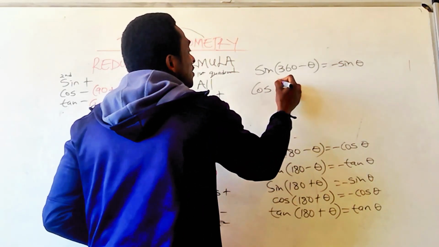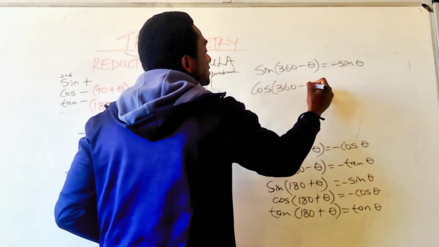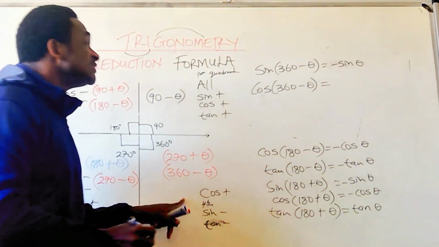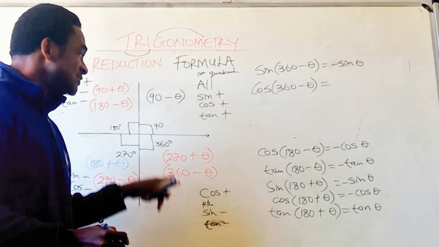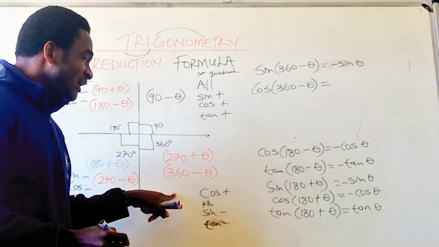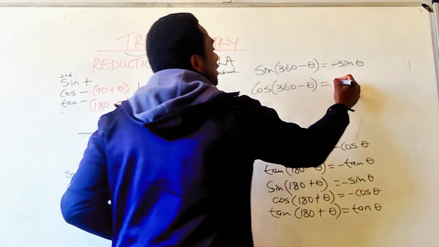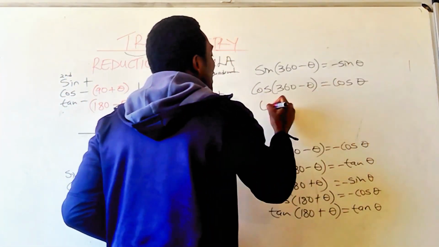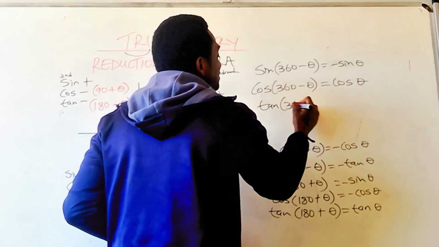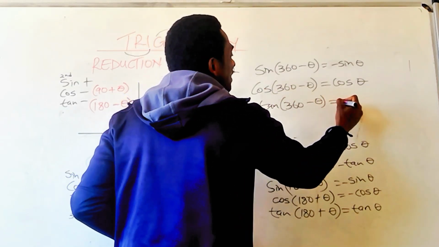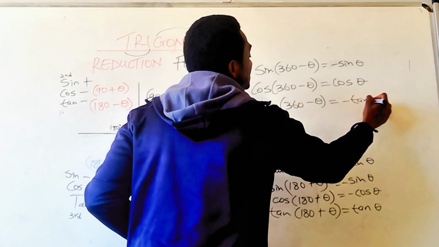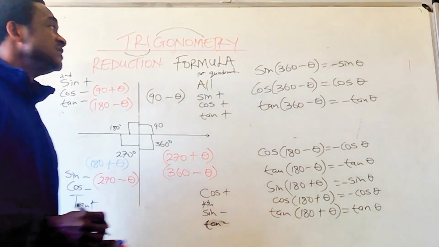Then we have cos of 360 minus theta. Cos is positive in the fourth quadrant, so it will give us a positive cos theta. And lastly, tan of 360 minus theta will give us negative tan theta, because tan is negative on this quadrant.